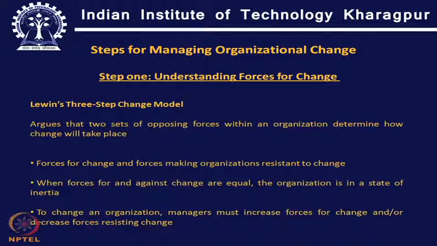Here, what we understand is that, as in the three-step change model, there are two oppositely acting forces within an organization: forces for change, and the oppositely acting forces making organizations resistant to change. When both these forces are balanced with each other, the organization is in a state of inertia.